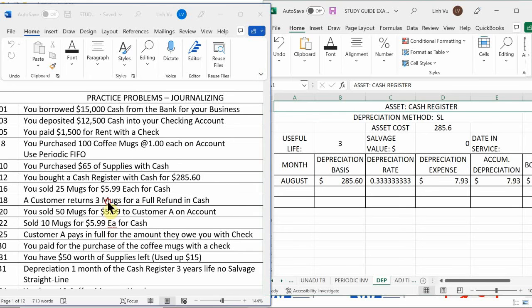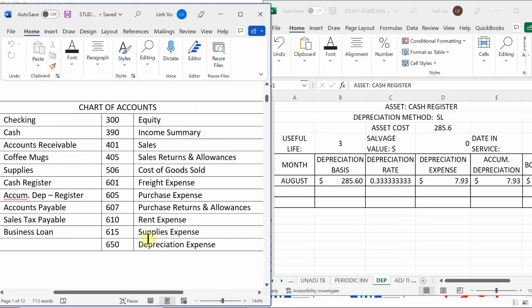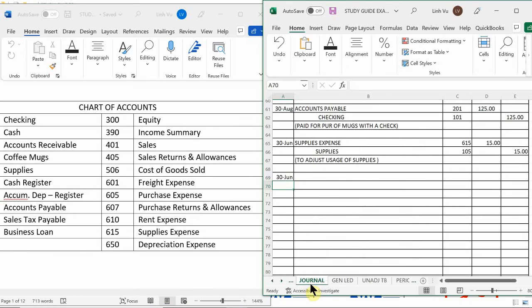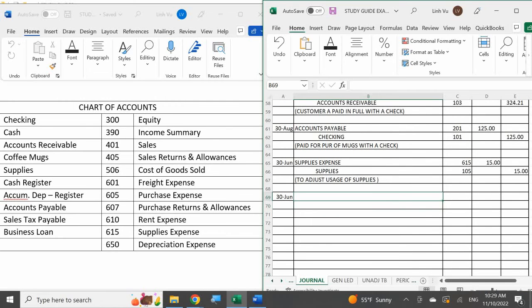So what accounts am I going to need to use to represent this adjustment to my asset? Depreciation expense and accumulated depreciation for the register.